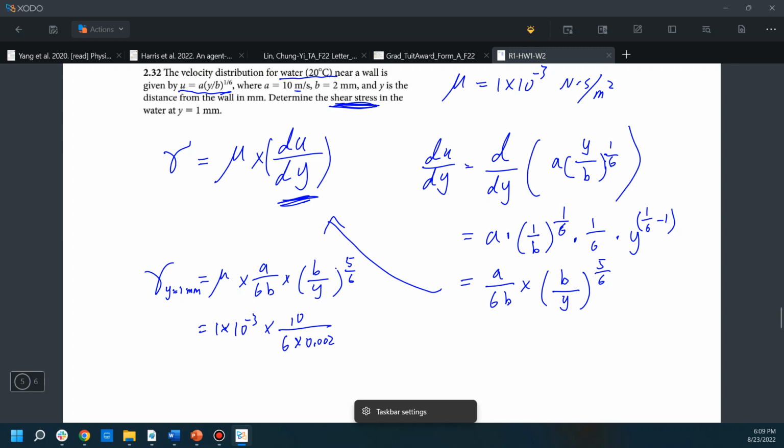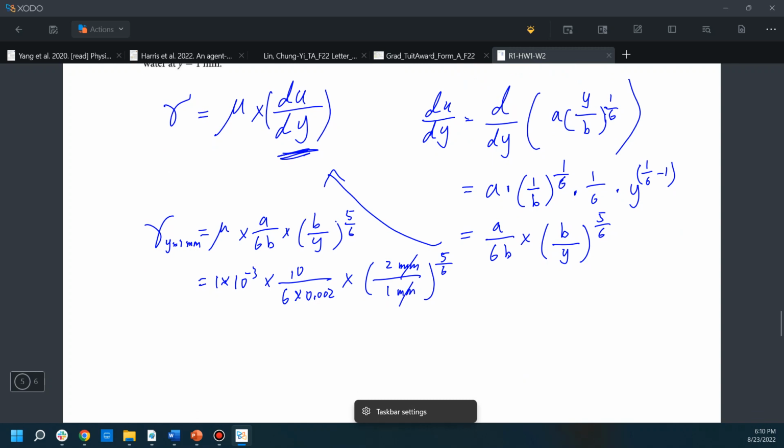Okay, because a has units of meter per second squared. And we times b is 2 millimeters and y is at 1 millimeter to the power of 5/6, and this is the same unit.